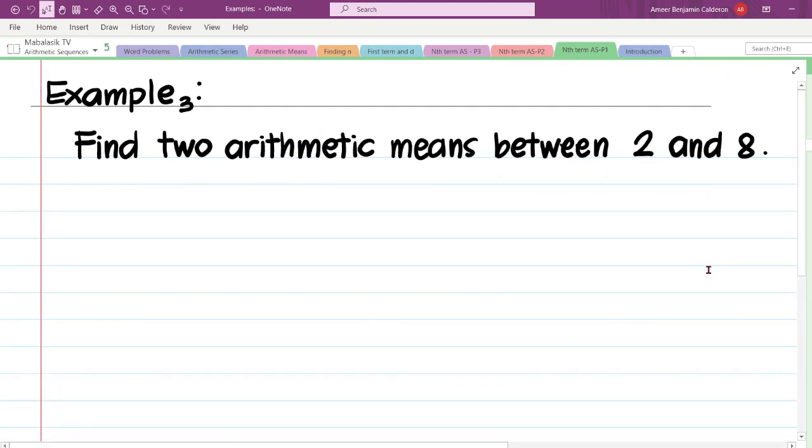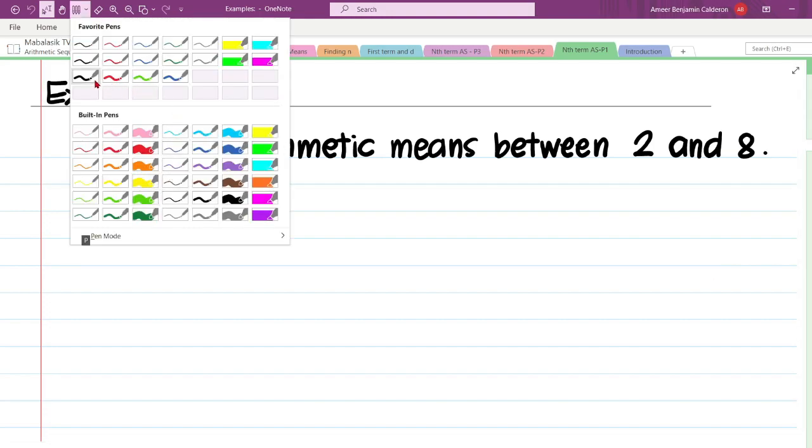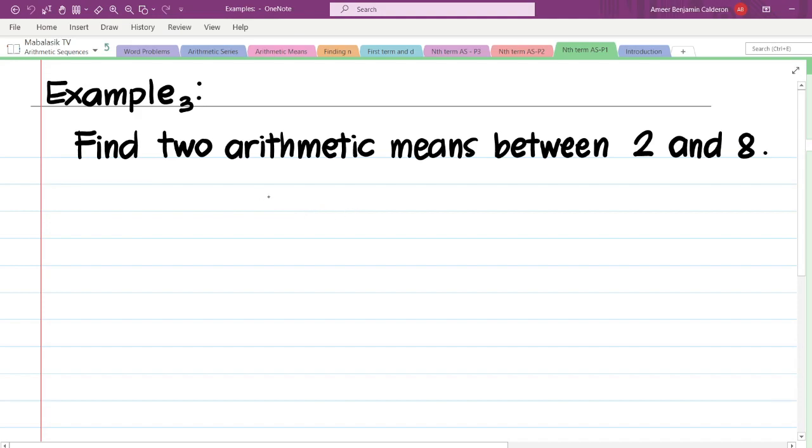Find two arithmetic means between 2 and 8. So to find two arithmetic means between 2 and 8, we can diagram first the whole sequence. So we have 2, and then we can insert the two arithmetic means between 2 and 8.